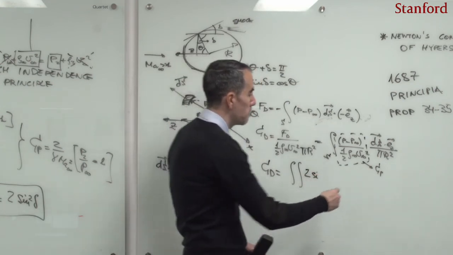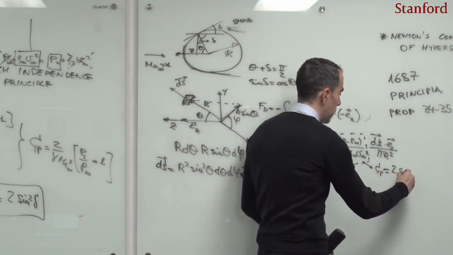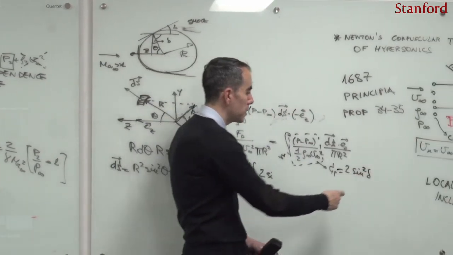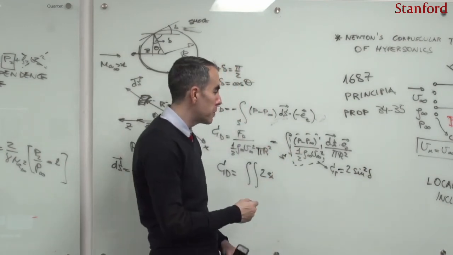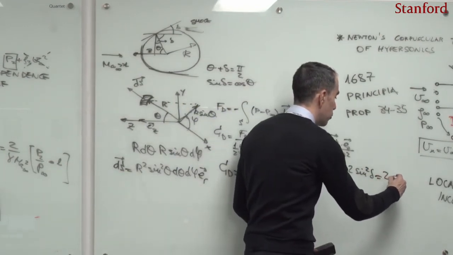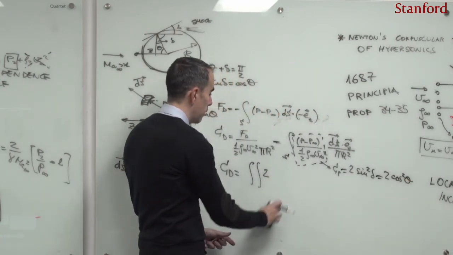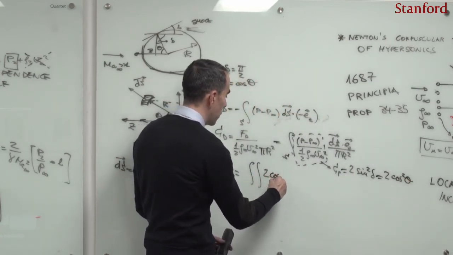Remember, this pressure coefficient comes from the Newtonian theory, but since it is written in terms of delta and I'm doing all the operations in terms of theta, I can write this as twice multiplied by the cosine square of theta. So here we have 2 multiplied by the cosine square of theta.